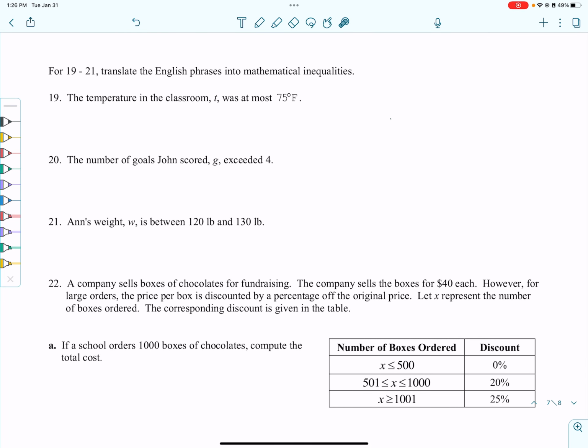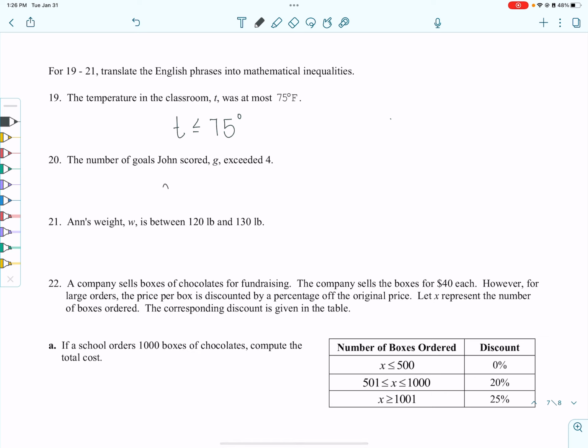The temperature in the classroom, we're going to call that T, was at most 75. So the highest it was was 75, and to write this as a mathematical inequality, I have T less than or equal to 75 degrees. The number of goals John scored, G, exceeded 4.